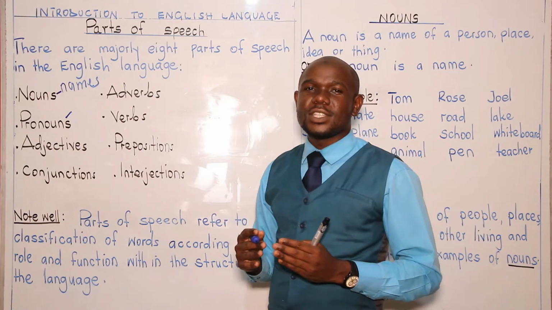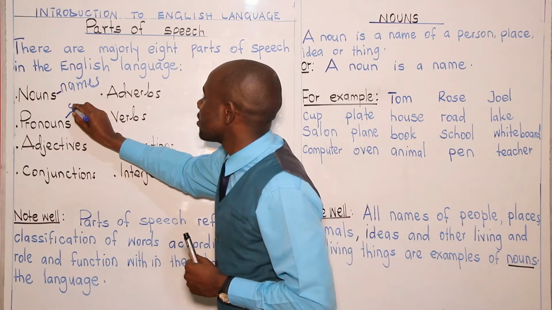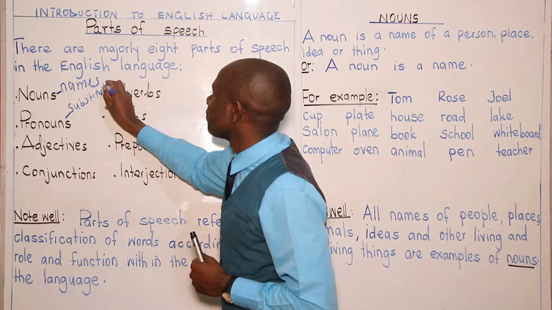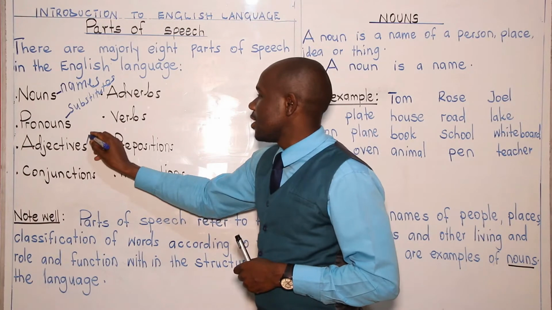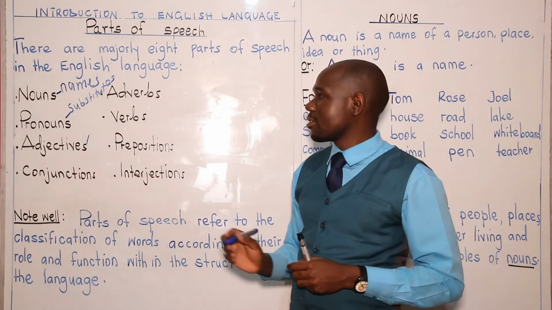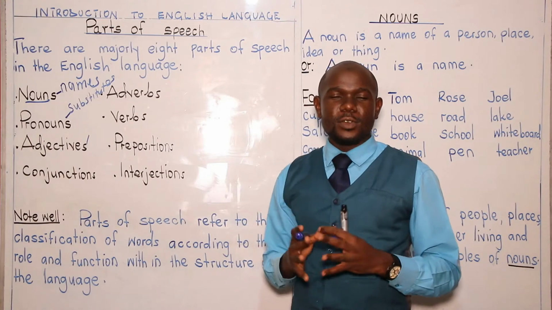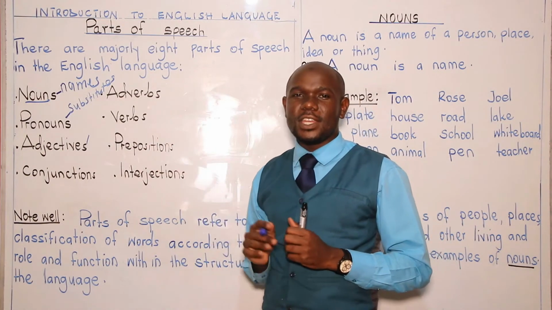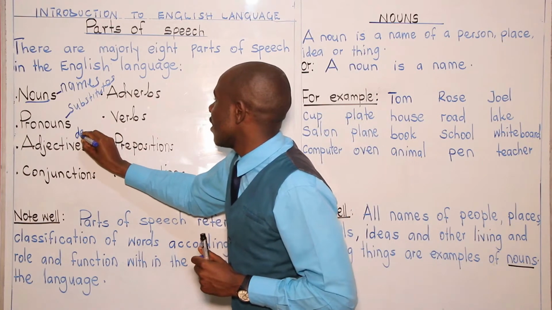What substitutes a noun is what we talk about here. When we come to adjectives here, we describe these nouns. We describe nouns, that is to say names of people, names of ideas, situations. This is describing.